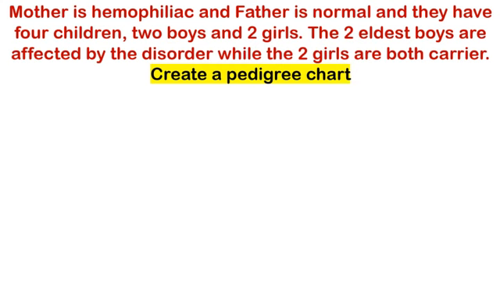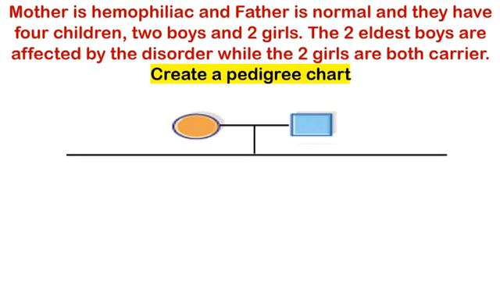If you are sure, you can now go back to this problem and draw or create your pedigree chart. First, we have a mother who is hemophiliac, so we have to use a darker one. While the father is normal, so we use the lighter blue to identify that he is normal. And then they have four children, two boys and two girls. The eldest are the boys. The boys are affected, so we use darker blue to signify hemophiliac males.